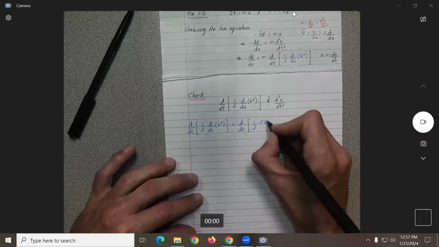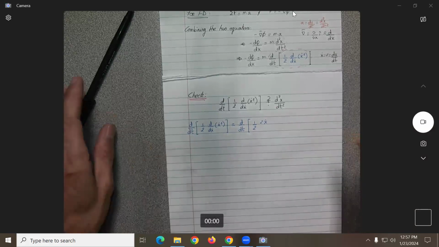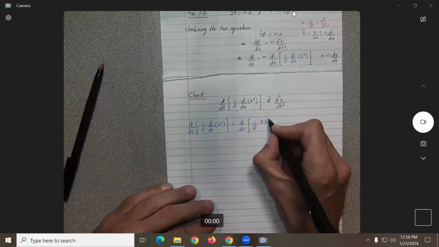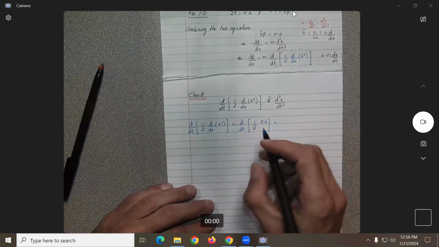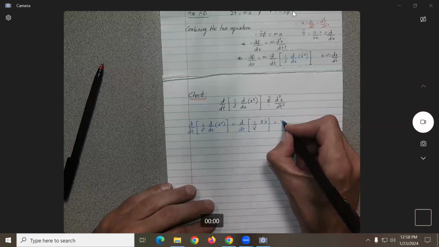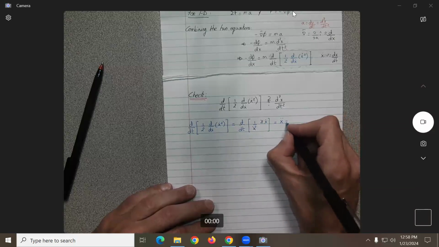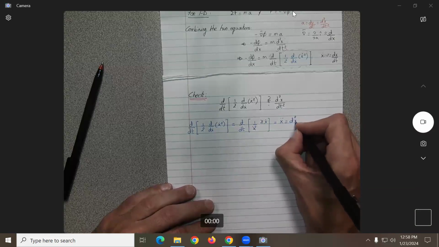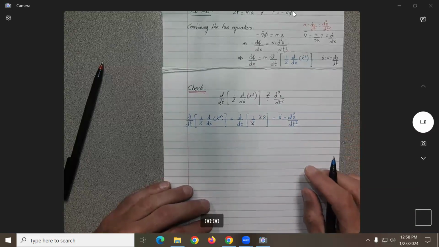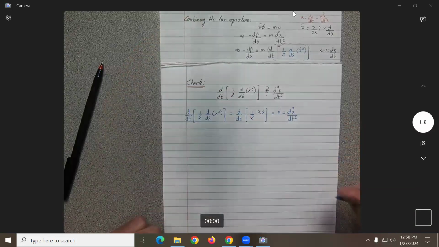Okay, so let me put the dot over here. This 2 is going to cancel this 2. And now, if I take the derivative with respect to time, what am I going to get over here? x double dot, no? And what is x double dot? It is the same thing as d x squared over dt squared.